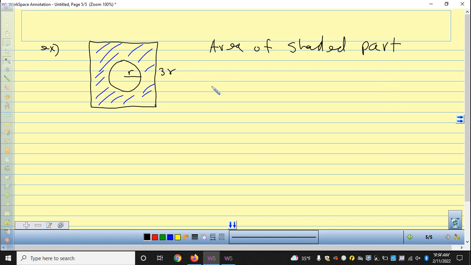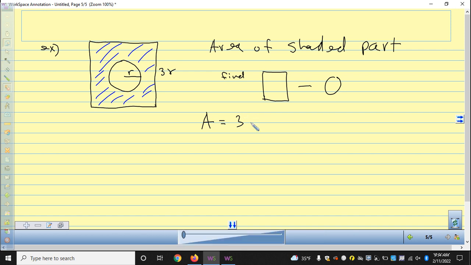Well, visually, what we need to find is the area of the square, the entire square, and we're going to subtract the area of the circle. So our area is going to be, well, the area of the square is a side times a side, 3r times 3r.